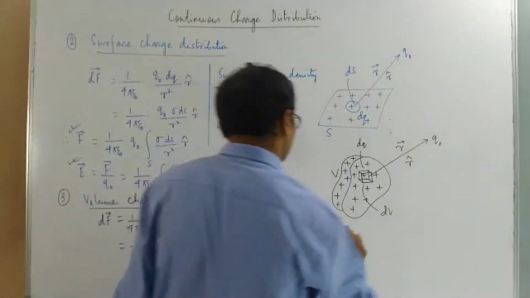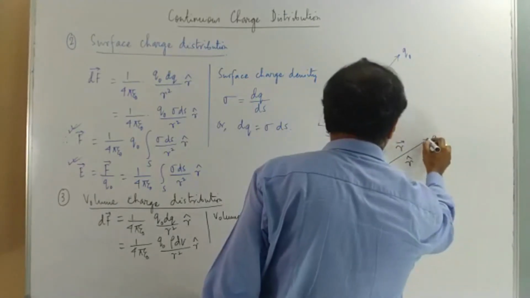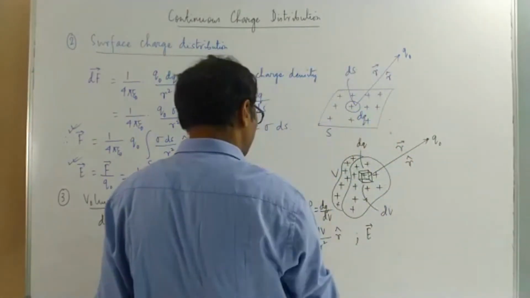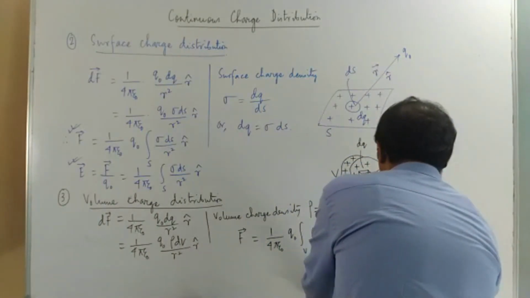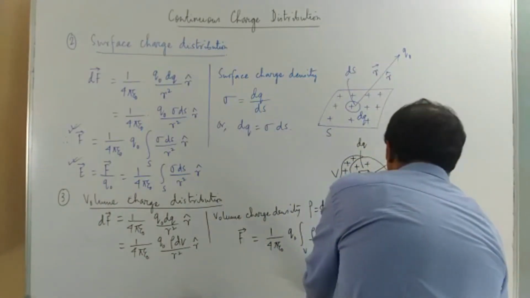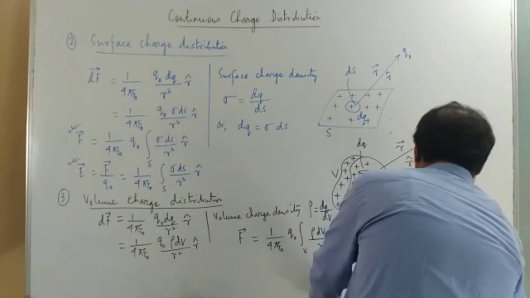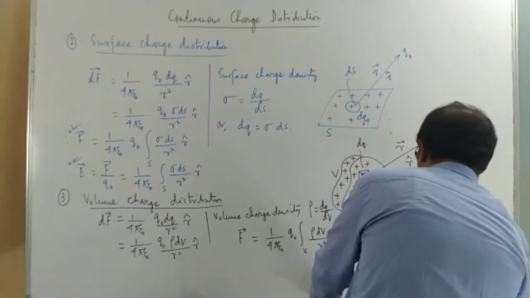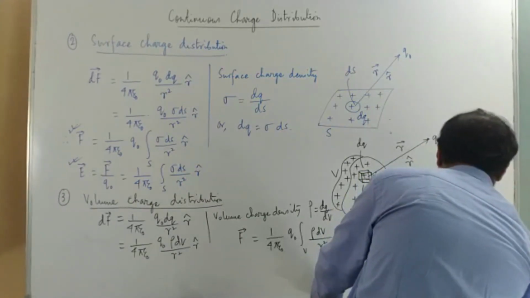And as before, if you consider the electric field at this point due to this entire volume distribution of charge, I can write it as F by Q0, that is equal to 1 by 4 pi epsilon 0 integration taking place over the entire volume rho dV by r square into r cap.